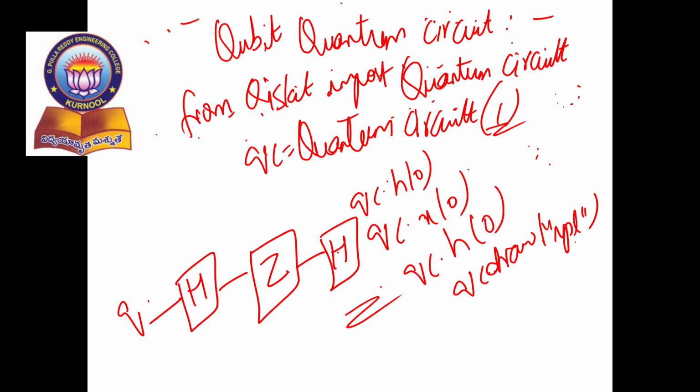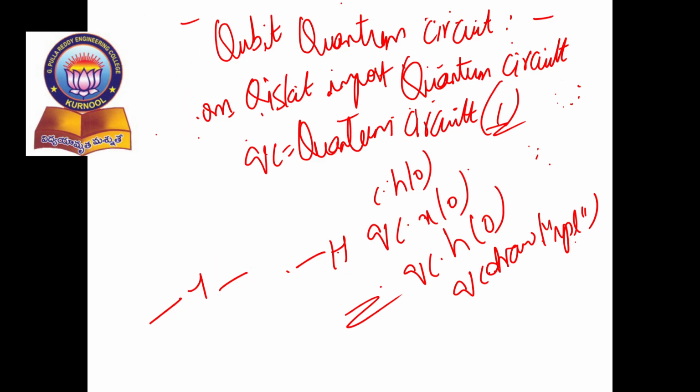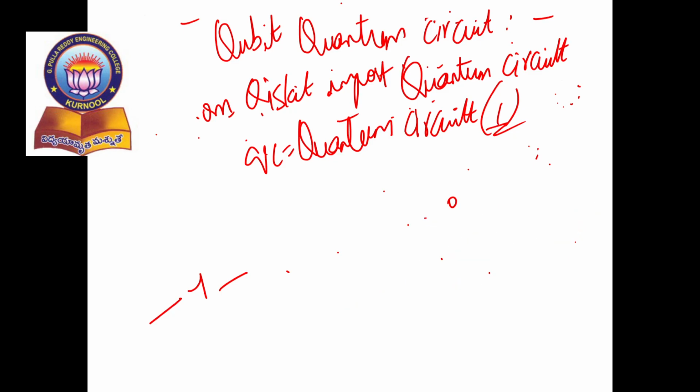We can also write the same for multiple qubits. We have written only for one qubit so far. This is the multi-qubit quantum circuit. Again, the first line is from Qiskit import QuantumCircuit.